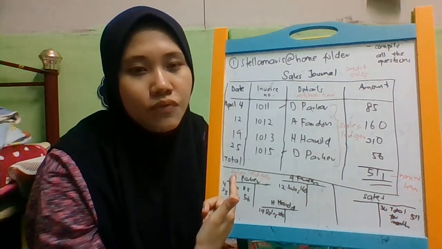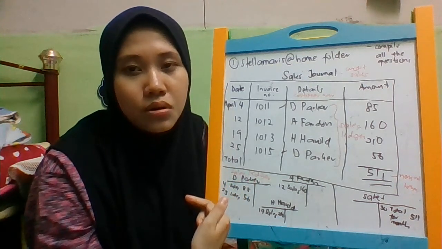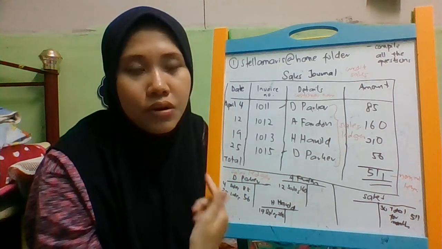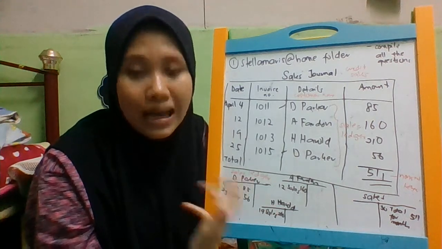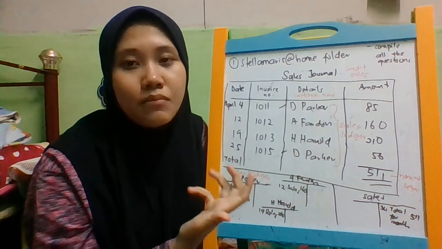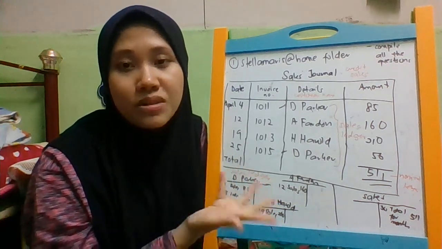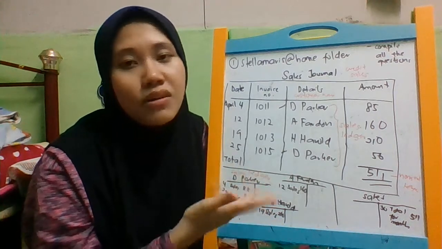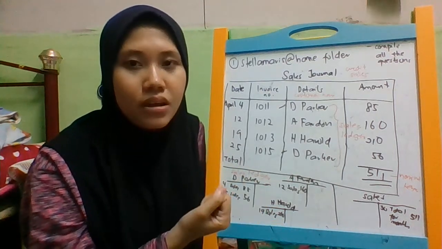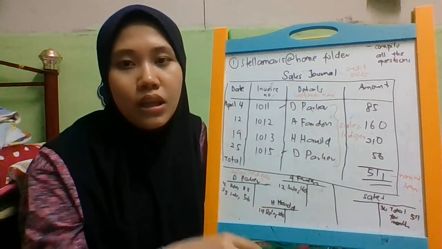Once you finish everything this week, compile it together and pass it to me. If every one of you passes to me with complete answers, I'll give you a 5% assessment mark for your midterm as well. Since we have 15% for assessment, this is part of the assessment mark, 5% of it. But make sure it is completed with all the answers before you pass it to me.